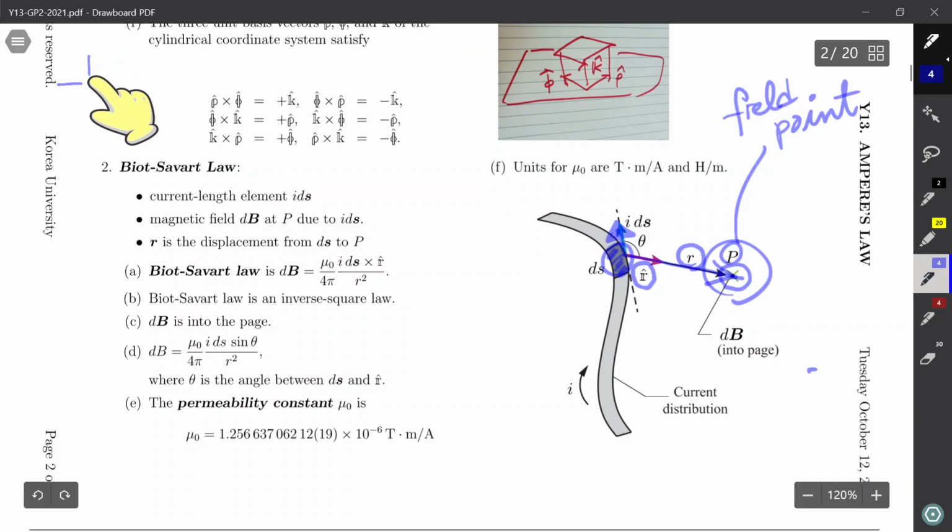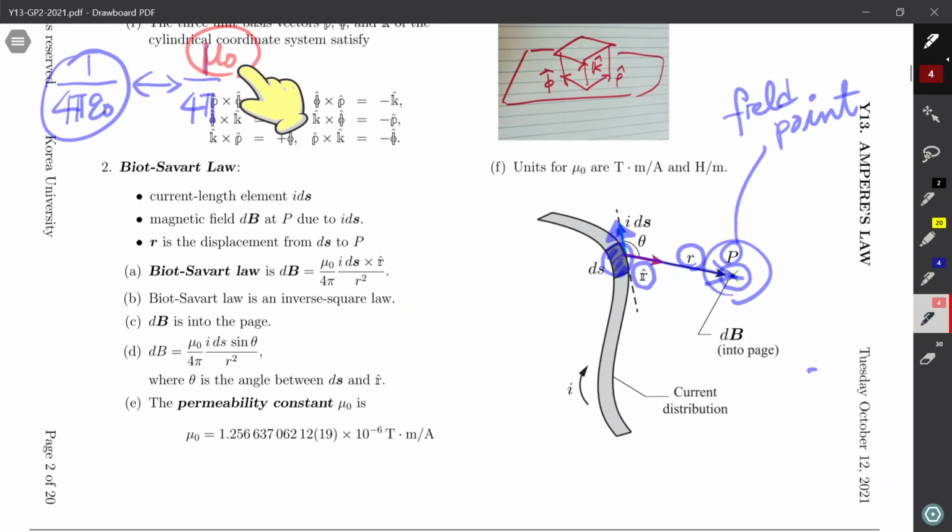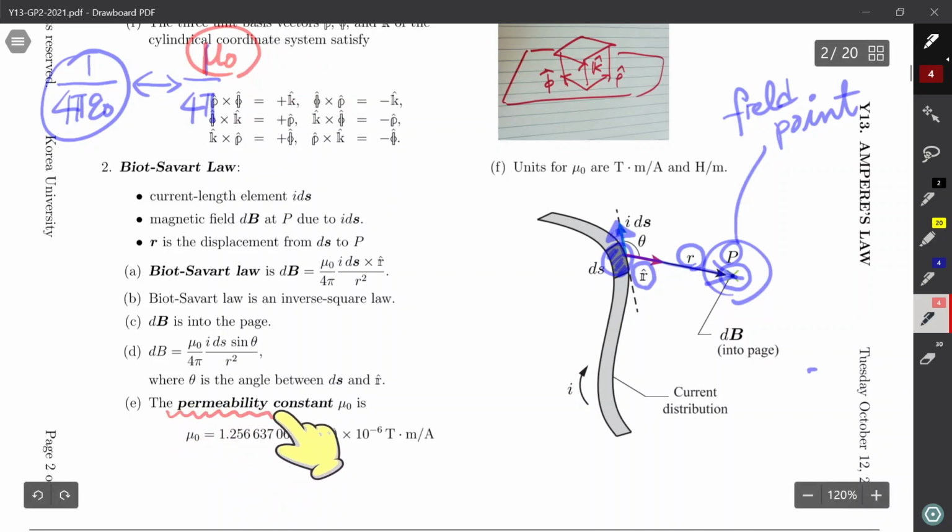In Coulomb's law, the overall factor was 1/4 pi epsilon, that is the electrostatic constant. In the magnetic field, we have 1/4 pi, the same, but we have a factor mu 0 in the numerator. And this mu 0 is called the permeability constant. It depends on the material, but we restrict ourselves to the vacuum.